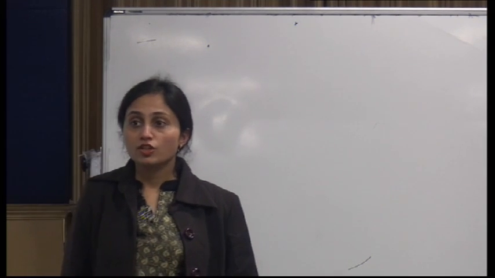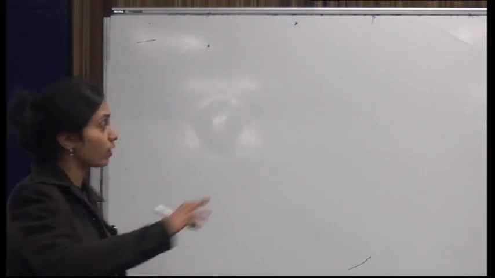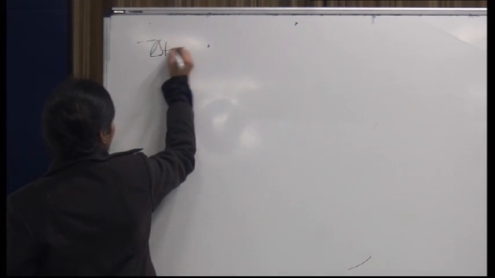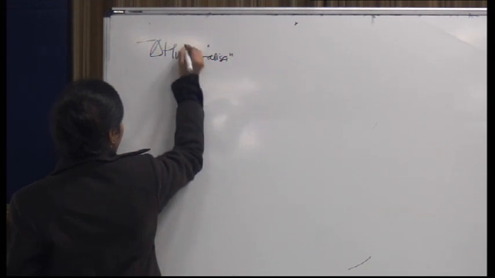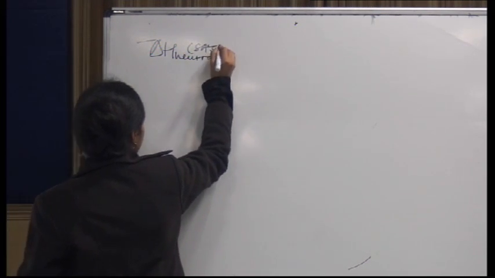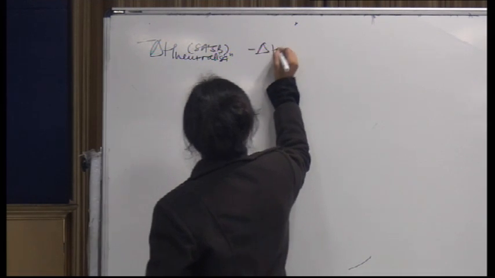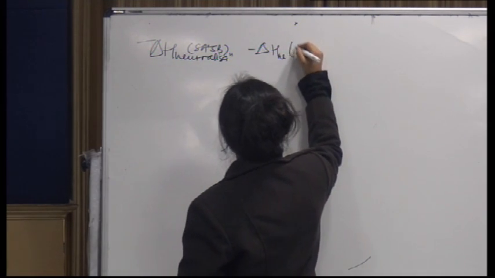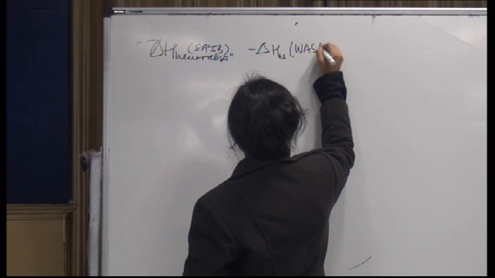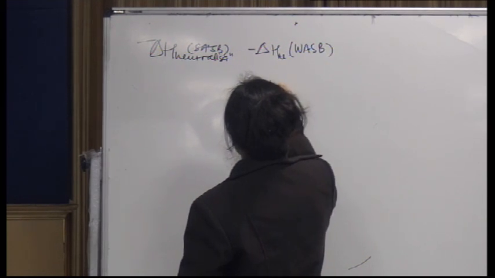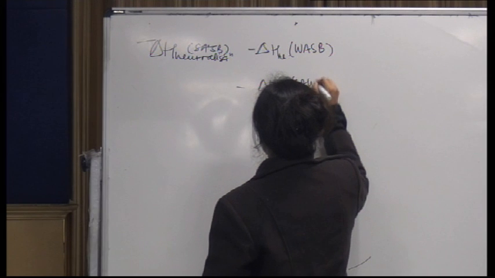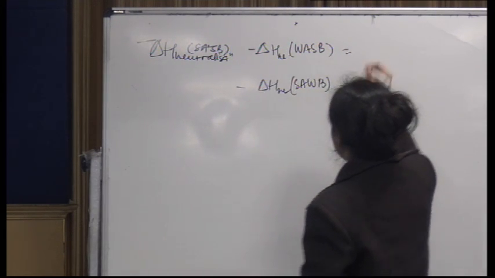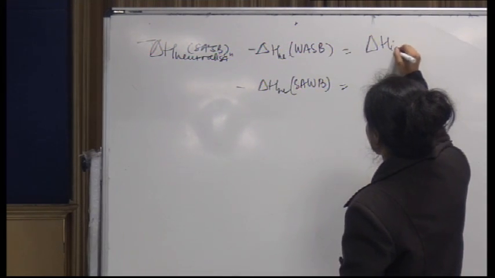Clear? So now here in this case it's clearly whatever you have, the enthalpy of neutralization of strong acid strong base minus enthalpy of neutralization for weak acid strong base or enthalpy of neutralization of strong acid weak base will give you the ionization enthalpy.